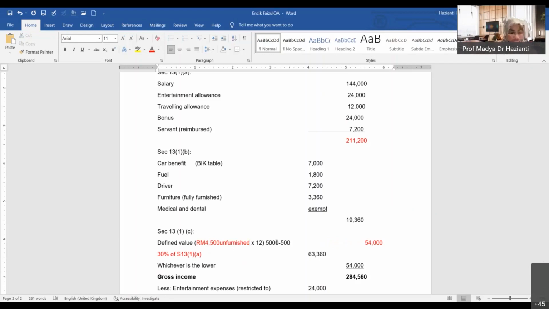Fully furnished bungalow for which the company paid a monthly rental of RM5,000, which does not include furniture. Nampak? Beza kan? 5,000 tak termasuk furniture. Yes, you can take the 5,000. Sekarang ni 5,000 termasuk furniture 500. So kena buanglah the furniture part sebab furniture tu kita dah ambil kat atas ni. So the 500 ni means nothing. Cuma kita kena tolak dekat sini lah, to get the defined value. Defined value saja. Boleh faham?